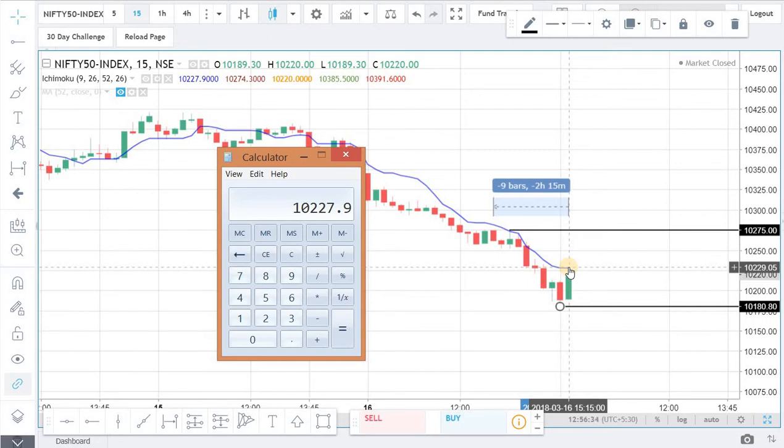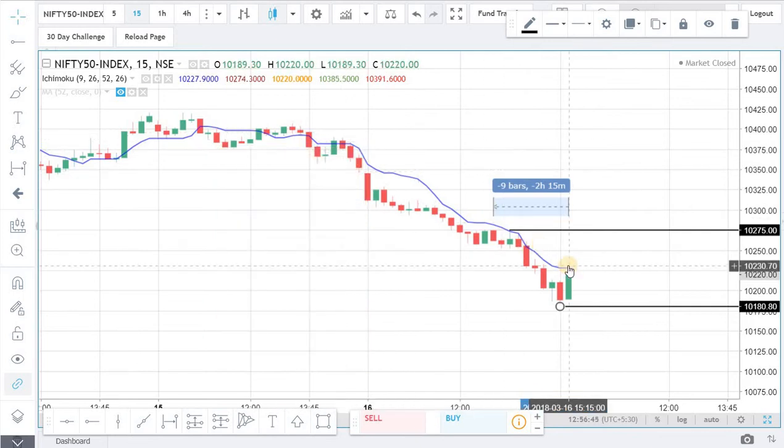Yeah, that's the one. So if you look at the blue line over here, see, 10,227.90. So that's how the conversion line is plotted for this particular candle.